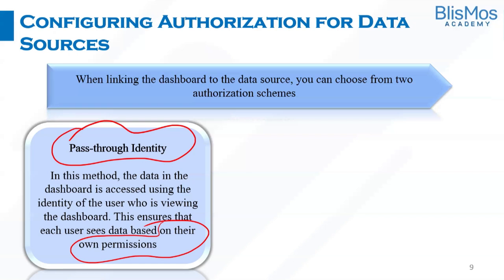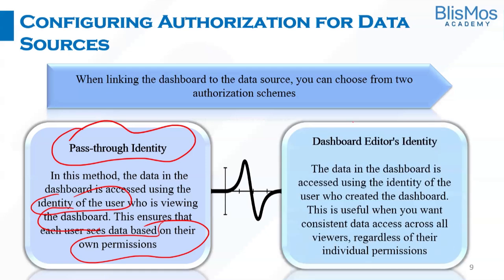So when you have an authorization scheme as pass-through identity, the data in the dashboard is accessed using the identity of the user who is viewing the dashboard. Only the data which he or she is allowed to visualize is visible in pass-through identity. The second one is editor's identity, meaning the person who is creating the dashboard.